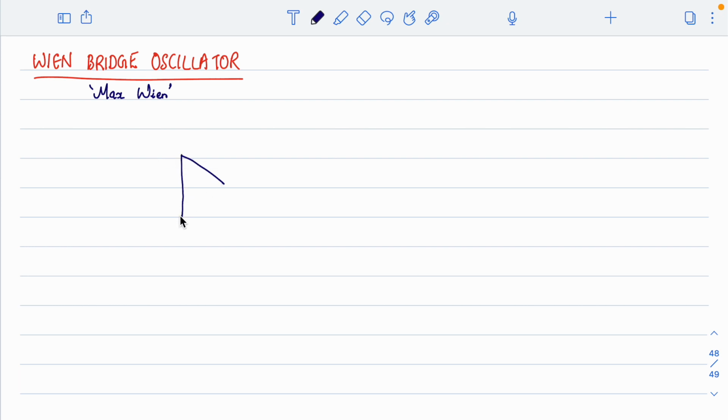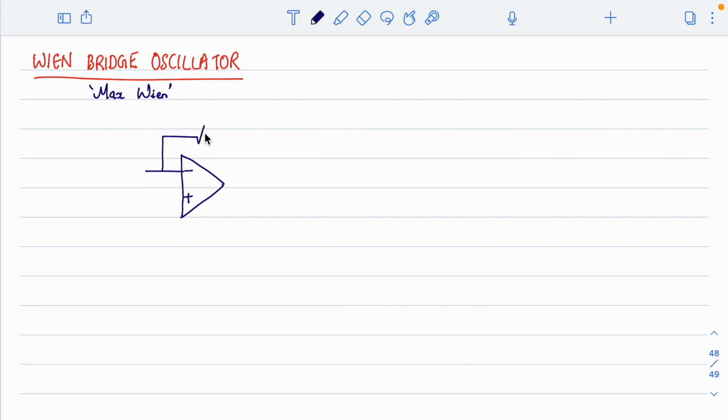Here we use an op amp. When an op amp is there, we have to consider two things. One is we need some gain, that means an amplifier part should be there, and the other part is a feedback path, right? So here the configuration is slightly different from what we have done for RC phase shift.